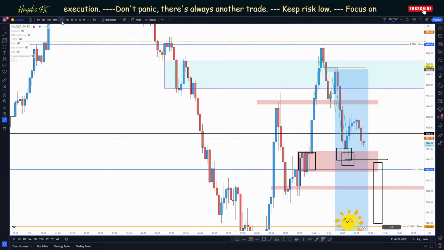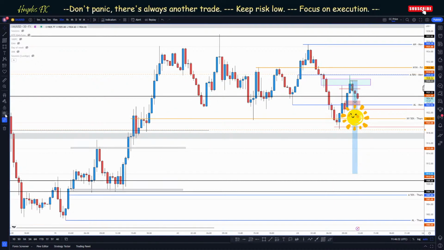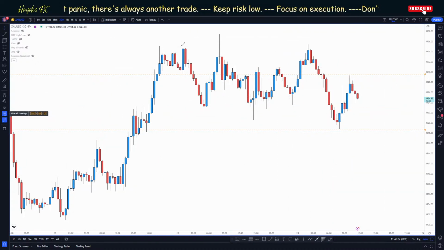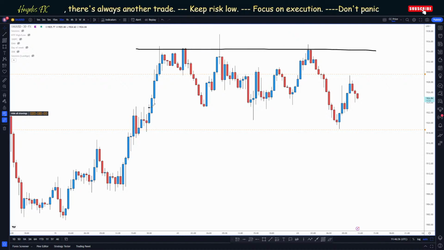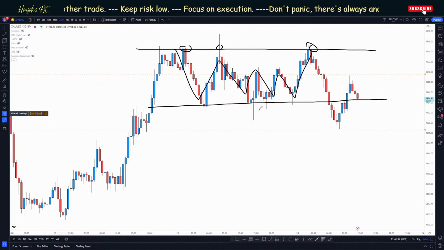Given the 30 minutes as well, if we hit this, 30 minutes accumulated so much in here, and then we've tapped this a few times.